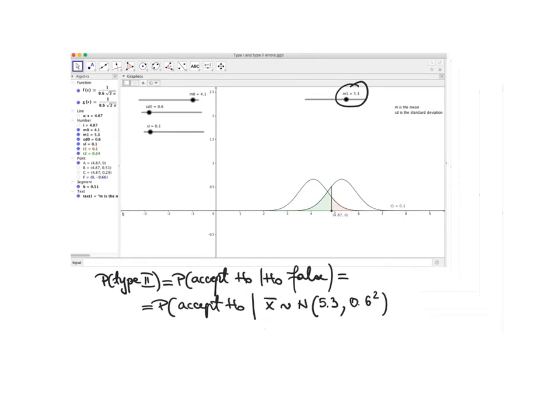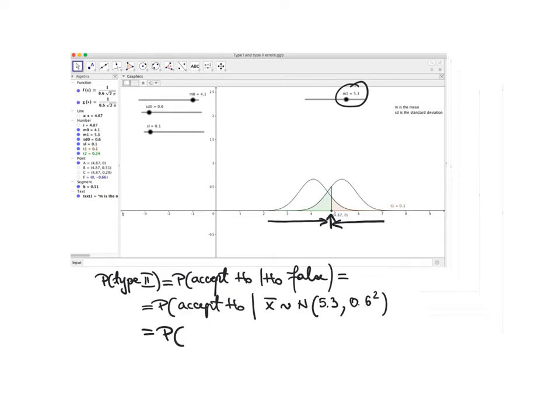So what does it mean that I accept H0? Remember from the previous screen, this one was the acceptance region and this one was the rejection region. It still stays, it is my decision rule from the previous part.